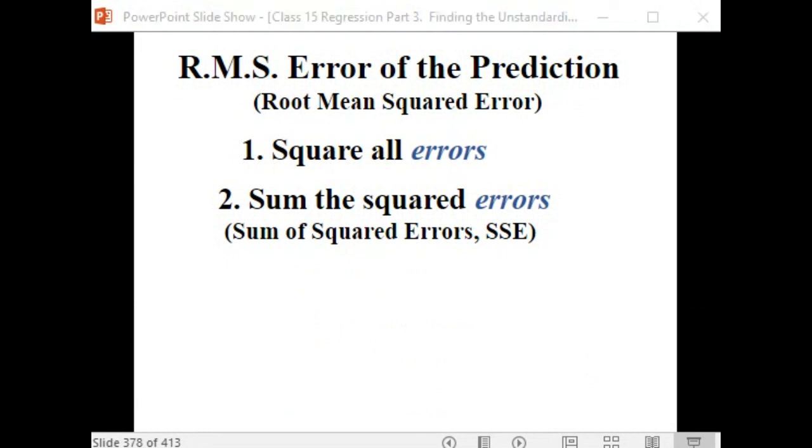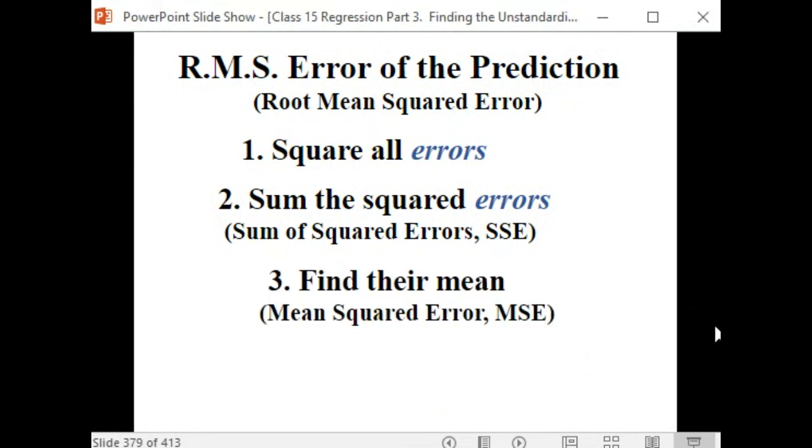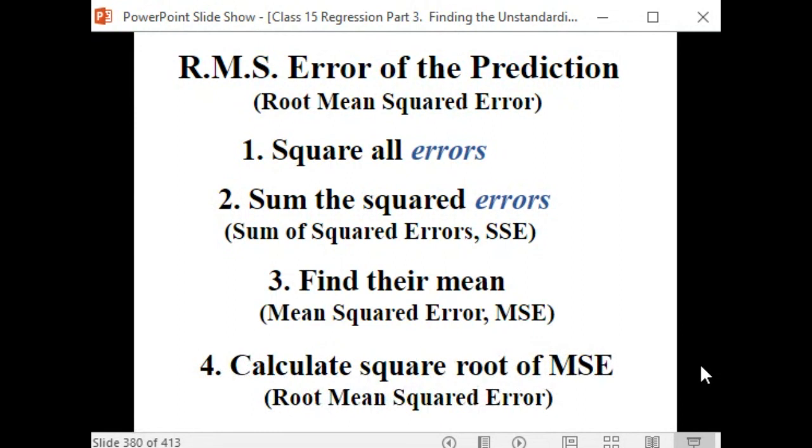And this sum is called the sum of squared errors, or SSE. Third, we find the mean of the squared errors. This mean is called the mean squared error, or MSE. And fourth, we calculate the square root of the mean squared error. And this square root is called the root mean squared error of the prediction.